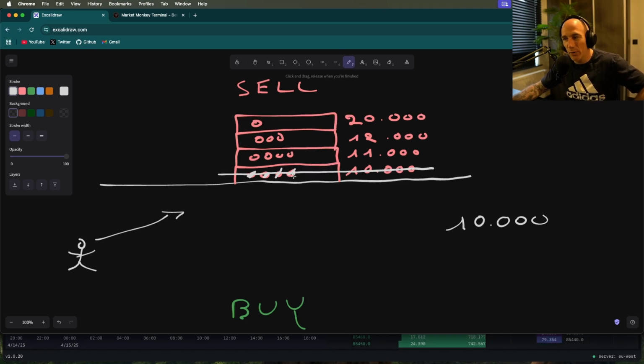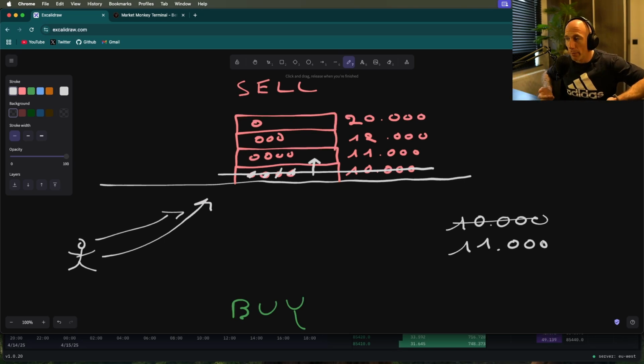When there are no apples anymore at $10,000, we go to the next level in our list, right? And that level is going to be 11K. So if Little Timmy wants to buy another apple, the price is going to be 11,000. So that basically means that the price just bumped up from 10K to 11K.